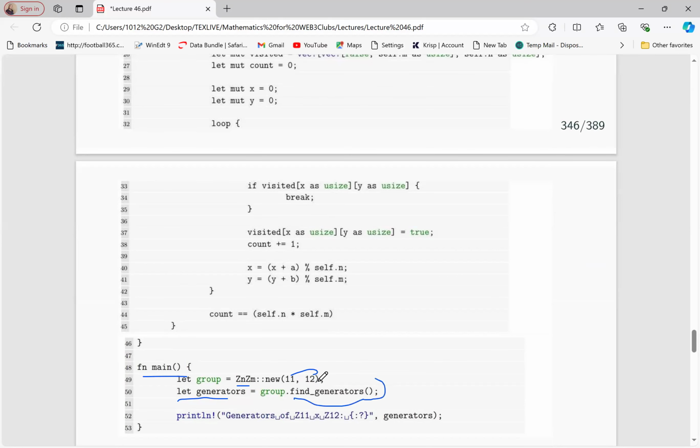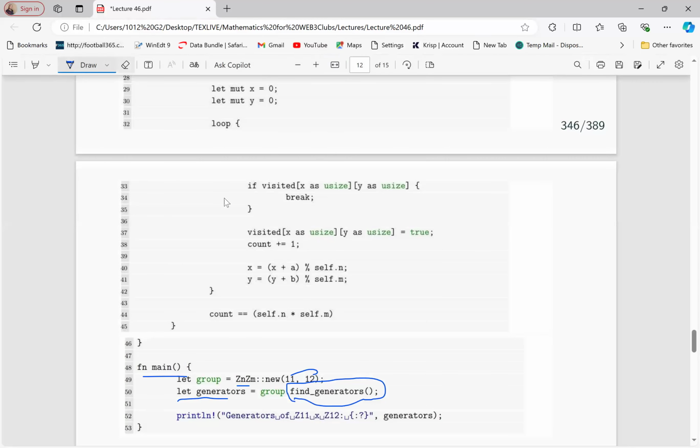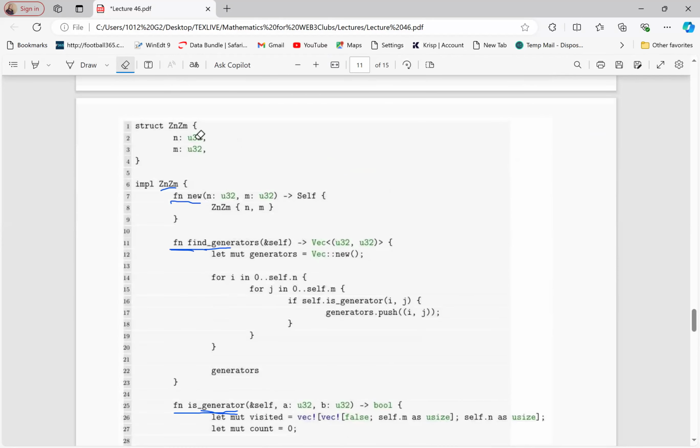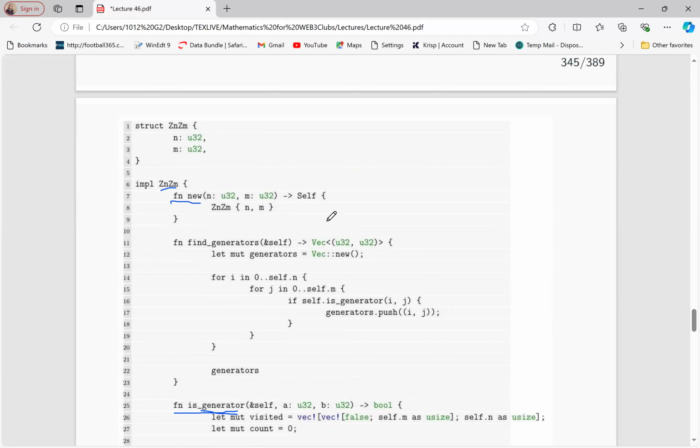The function that can do it is the find generators function. It calls on find generators function and then waits. Then the find generators function receives the call. It's here now. It has received the call to find generators for Z11 cross Z12.